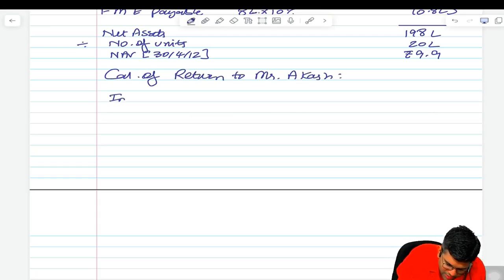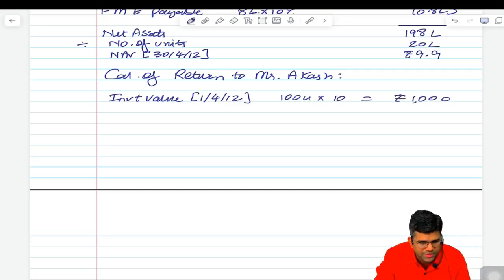Okay. What is his investment value on 1/4/2012? 100 units into 10. Do you realize 1000 rupees he has invested?